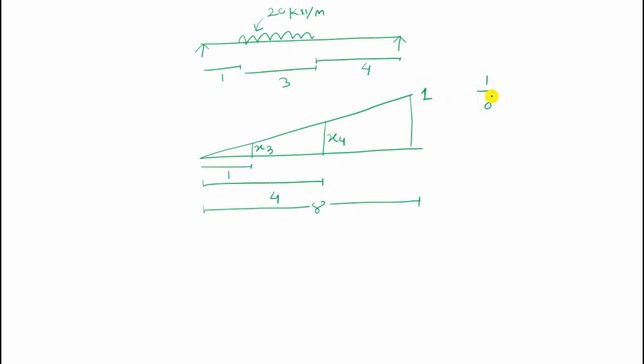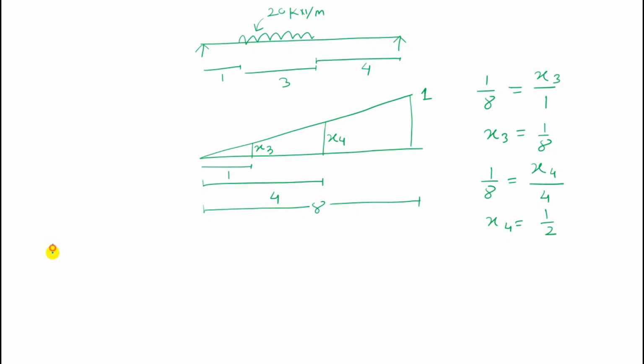So 1 by 8, we can write 1 by 8 equals x3 by 1. So x3 equals 1 by 8, and for x4, 1 by 8 equals x4 by 4, hence x4 equals half.